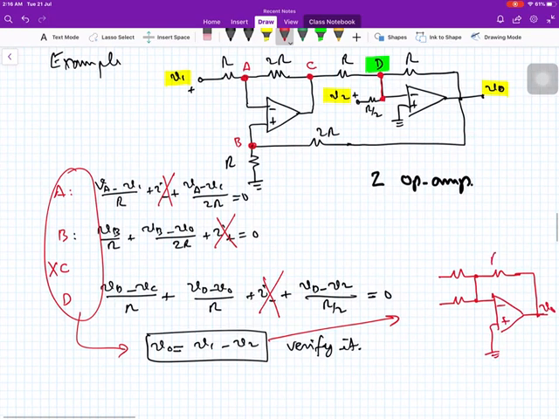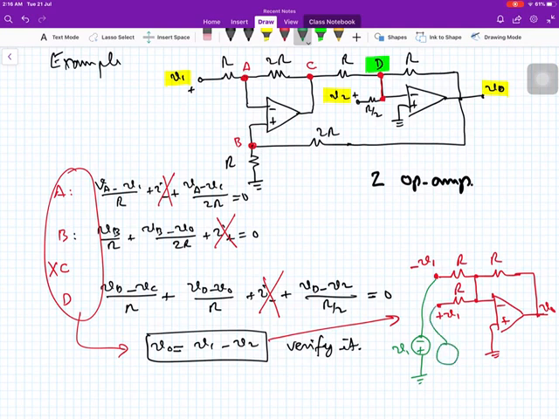If we use all resistors of the same value, and here we use minus V1 and here we use plus V2, it should not be difficult for you to see that V1, this signal voltage, is connected at this input with this polarity, and V2 is connected with this polarity over here. So V2 positive side is connected to this, and V1 negative side is connected to this.